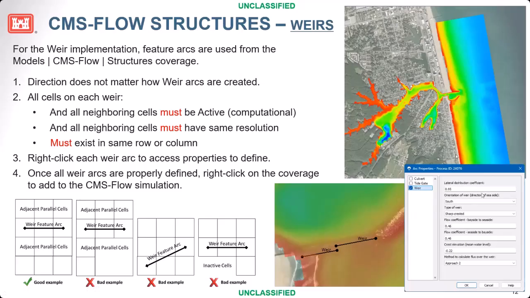So we still have to define the orientation, whether it's a sharp or a broad crested weir, and then some other information here and different types of computing that weir flow. And then just as we did before, we would assign that structure or apply it to the grid or the simulation like we did before.